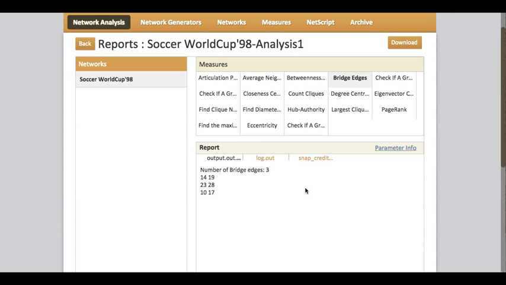So I have 3 bridge edges, which connect node 14 to 19, 23 to 28, and 10 to 17.